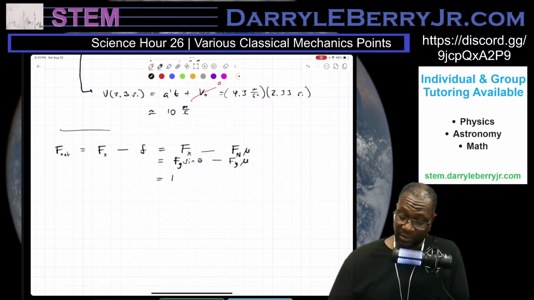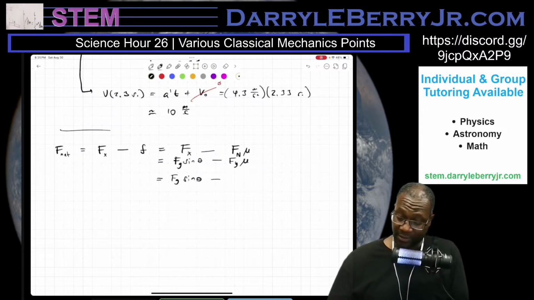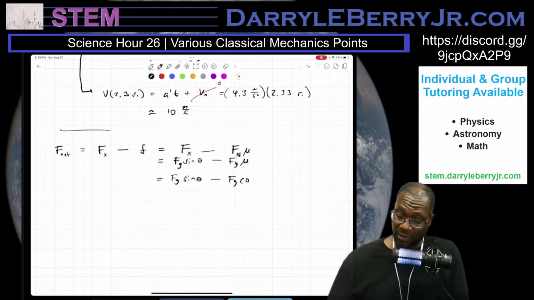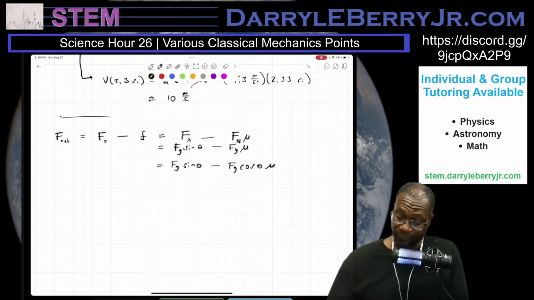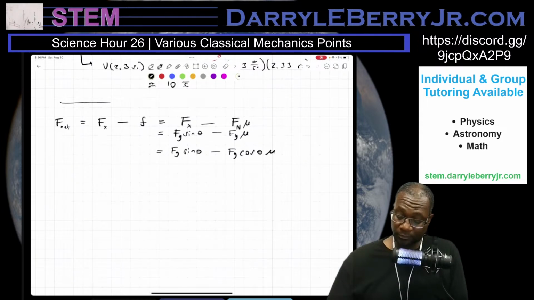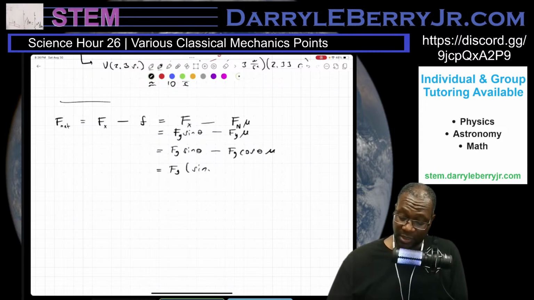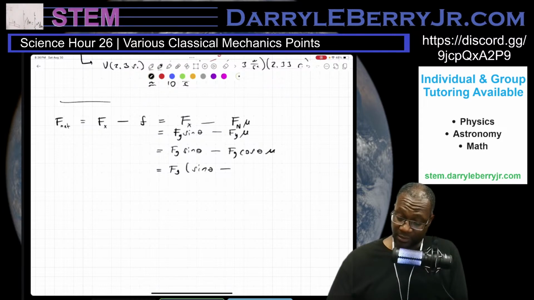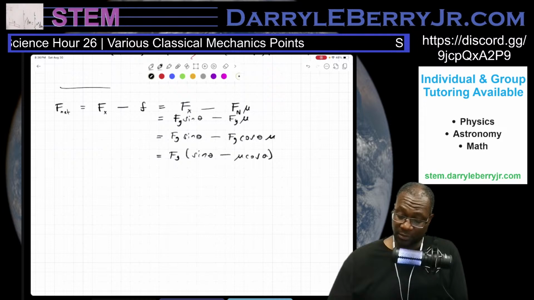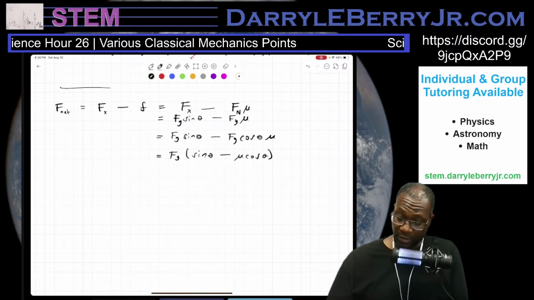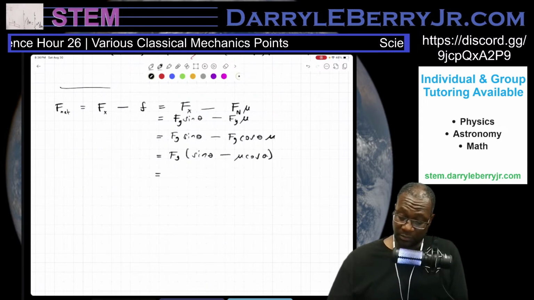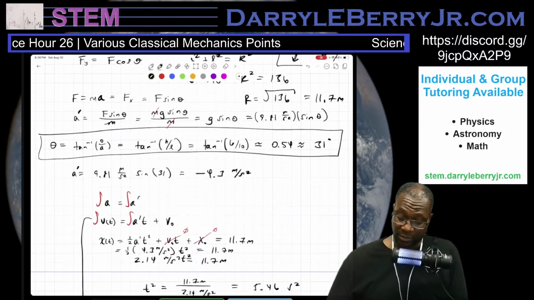So that's going to be Fg sine theta minus Fg cosine theta mu, which is Fg times sine theta minus mu cosine theta. And I think that's looking correct.